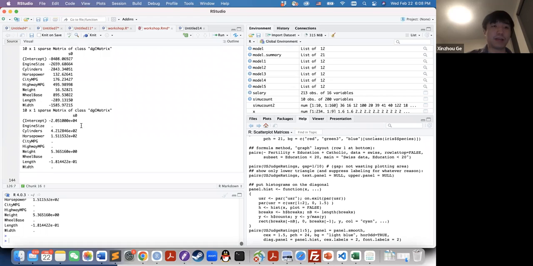So if we don't see a number here, it means that this predictor receives a 0 coefficient. Only cylinders, horsepower, weight, and length, these predictors have non-zero coefficients. For the others, the coefficients are exactly equal to 0, including the two predictors that we talked about, city MPG and highway MPG. So these two have been removed from the model.